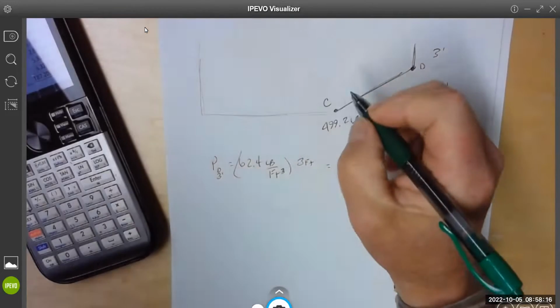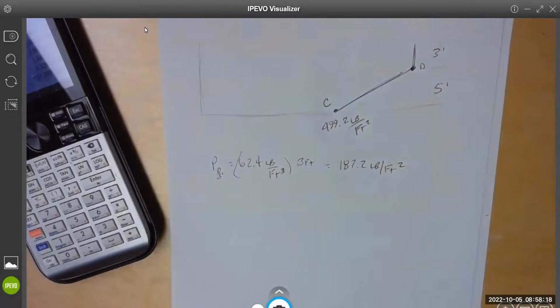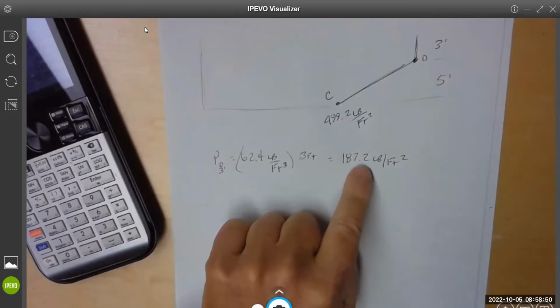This is CD. What do we get for pressure at D? 187.2.